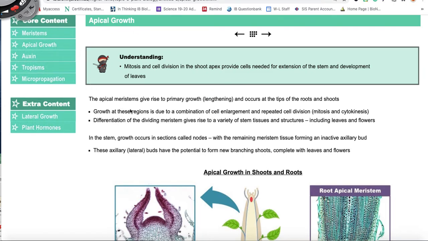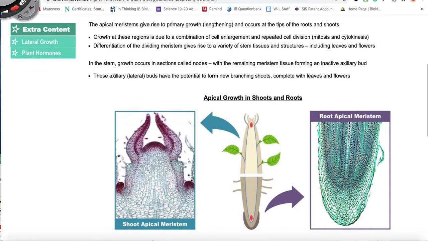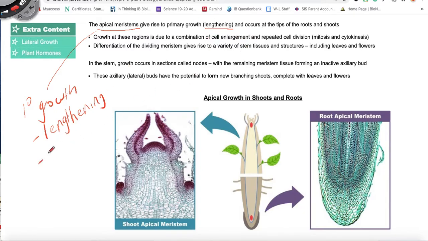So we saw last time where the apical meristem was located. If you remember from last time, we said that apical meristems were responsible for primary growth. And we said that primary growth is more like the lengthening type of growth, and when the plant grows or stretches itself as it lengthens, this is going to occur at the tips.